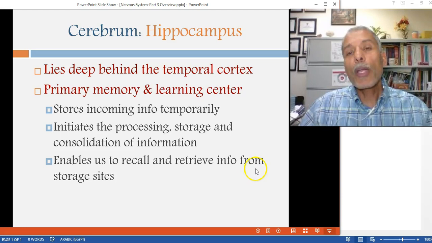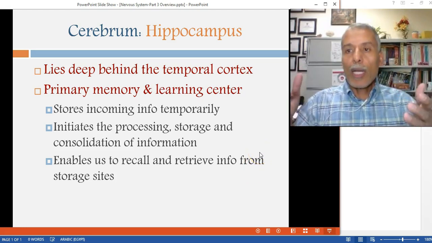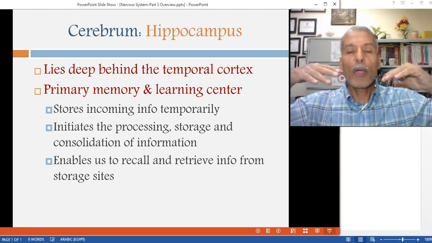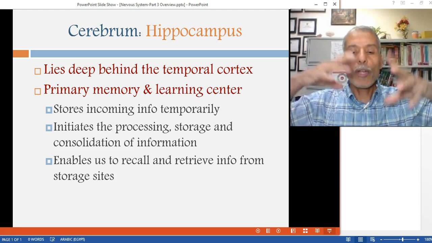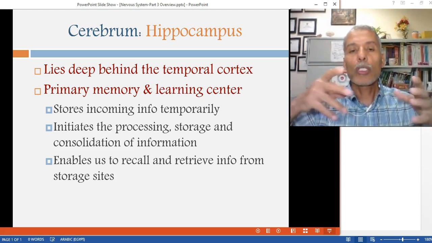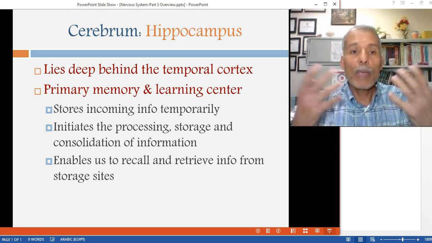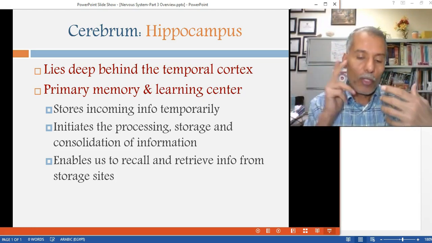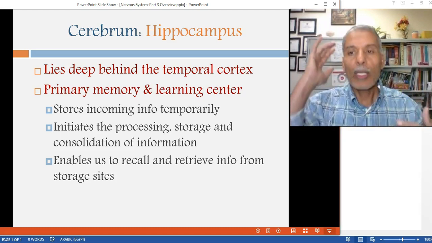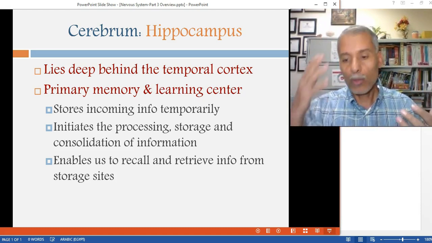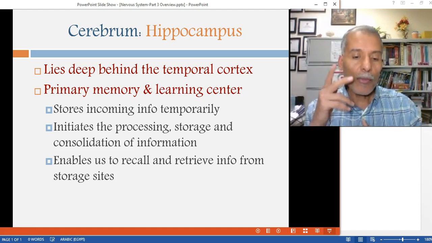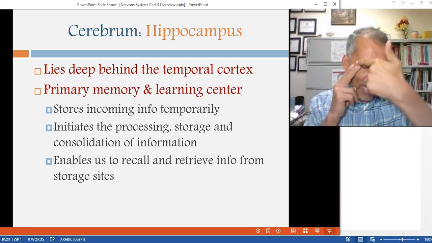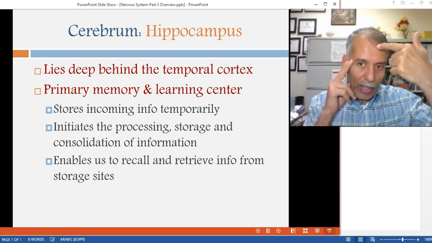So the idea is that the hippocampus is the site where all information that is coming in is going to go. The hippocampus will store it, process the information, sort it out, even tag information based on its importance. And then it initiates storage of the information permanently in the sites in the cortex. And through the process of initiating storage, it is going to connect with the frontal part of the brain, the prefrontal cortex.